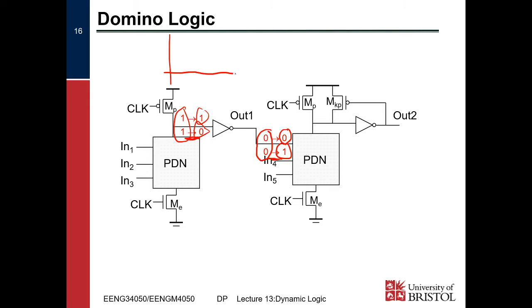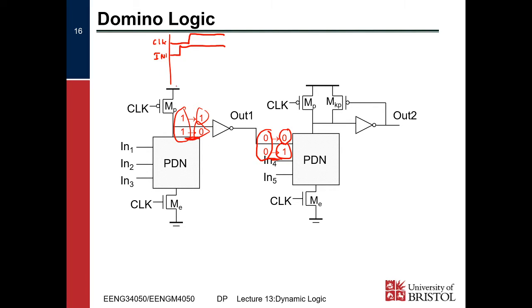So we're going to see our clock will go high. Our in 1, we'll put that one high here. So there's in 1, there's clock. Right. Out 1, out, sorry.